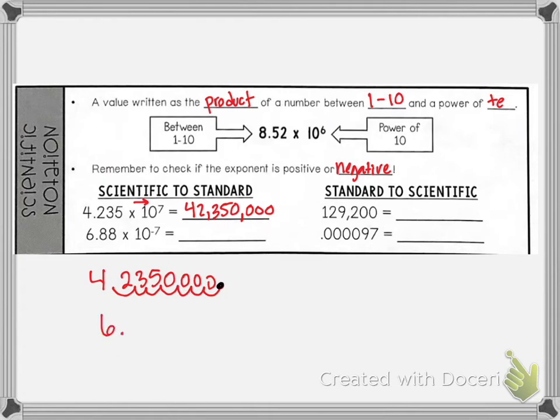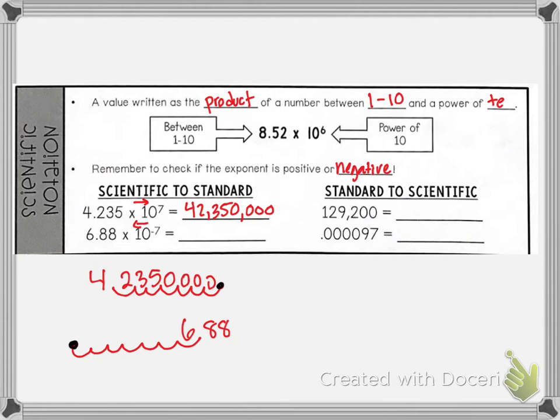We have 6.88. This time our exponent is negative, so we're going to go to the left 7 times. So if we move to the left 7 times, we're moving our decimal 1, 2, 3, 4, 5, 6, 7. This is where our new decimal is.